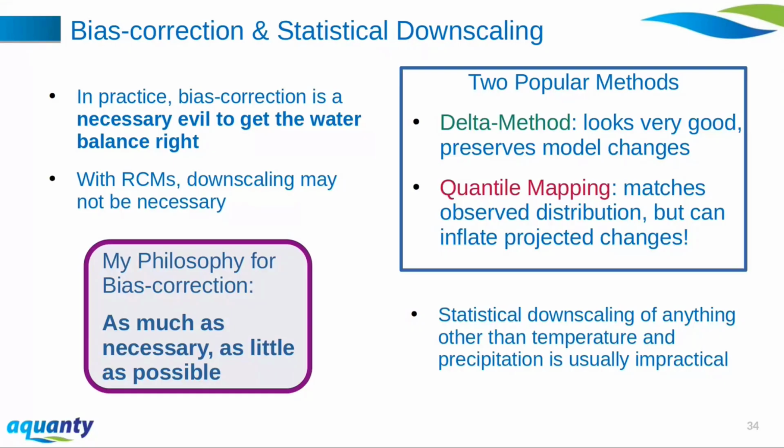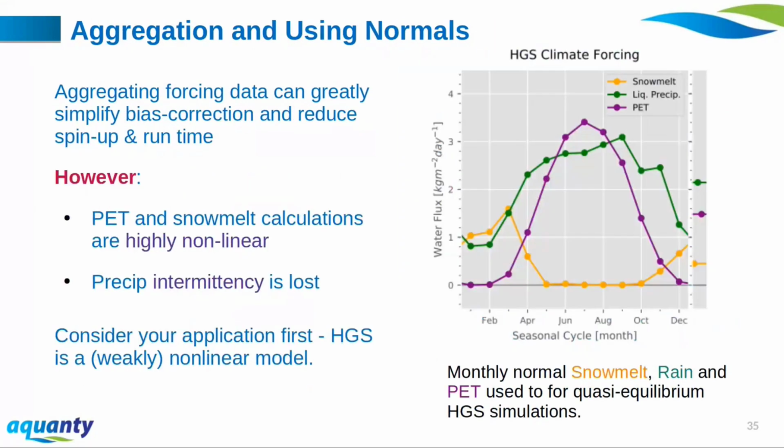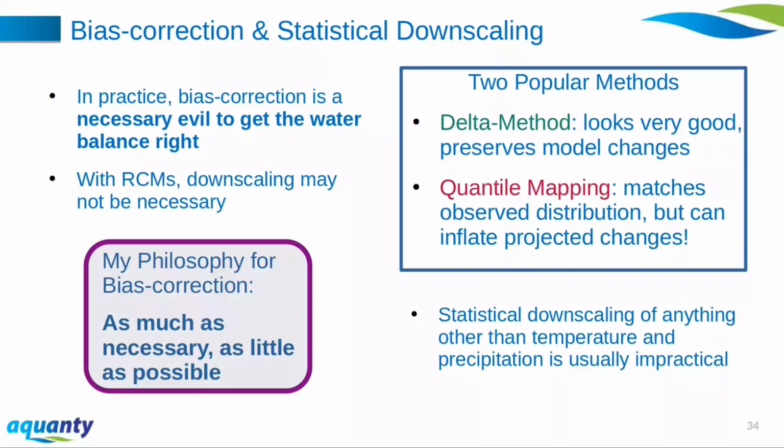And then for precipitation changes, you will not see any change in the variability. You're essentially assuming that the variability is constant. Quantile mapping is sort of the opposite end of the spectrum. You're actually massaging the data a lot. It will give you a very good fit to the distribution, but it is prone to overfitting and to inflation. You can read the literature on this, but quantile mapping has an inflation problem where you can overestimate changes. So that's something to be aware of.